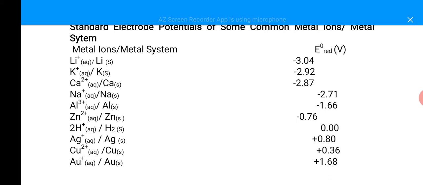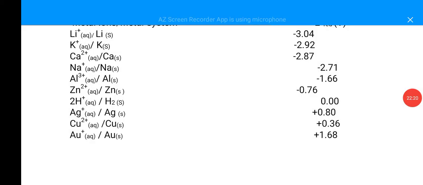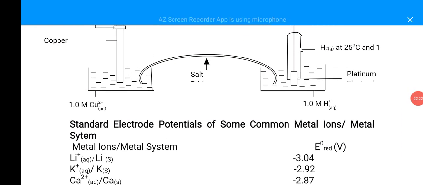Why? It's because when it is connected to the hydrogen system, it will prefer to gain electrons. So that's why it has a positive value when it is read on the voltmeter.